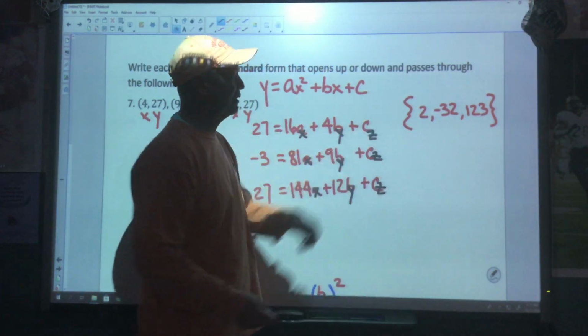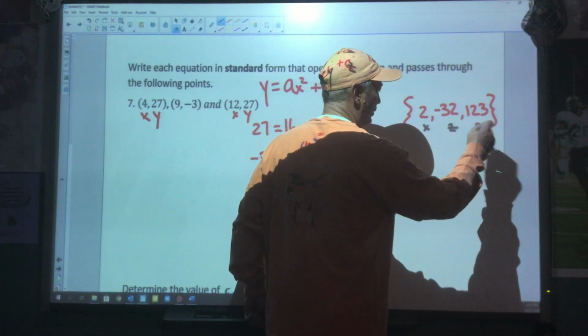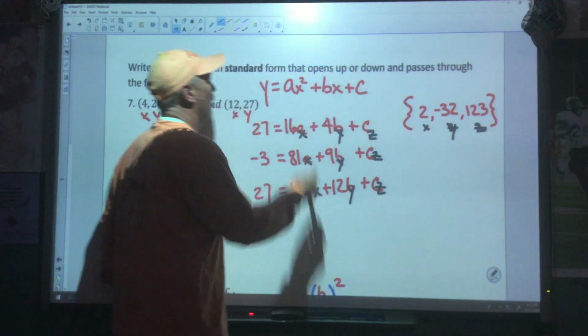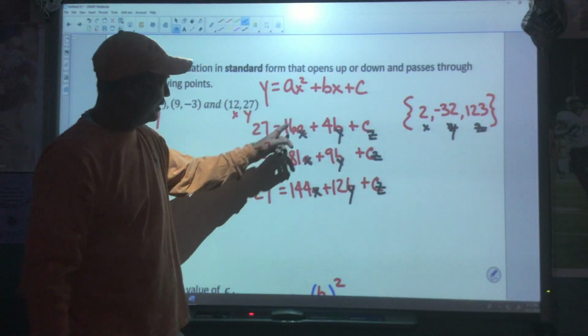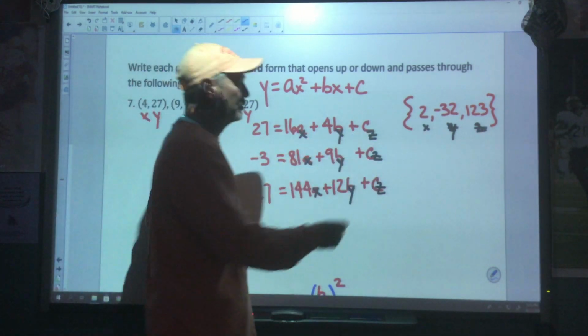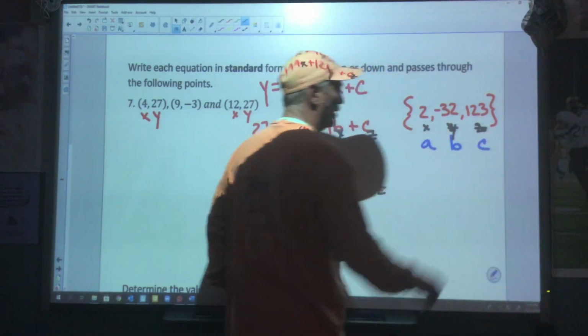It's going to spit out this, and it's going to say this is your x, this is your y, this is your z. But in reality, this used to be an A, this used to be a B, this used to be a C. So really, this is A, this is B, and this is C.